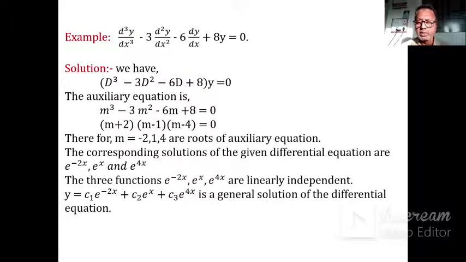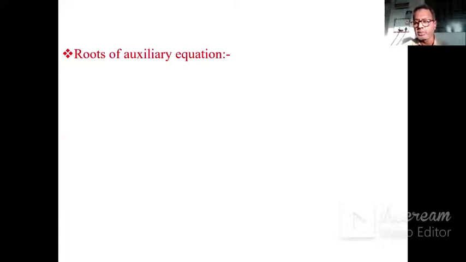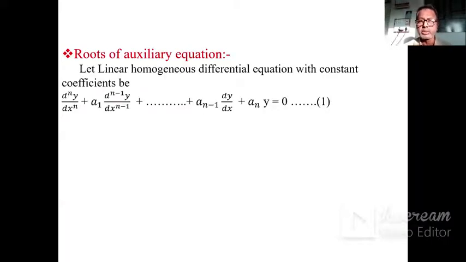Now, in this lecture, we want to see about the roots of this auxiliary equation.